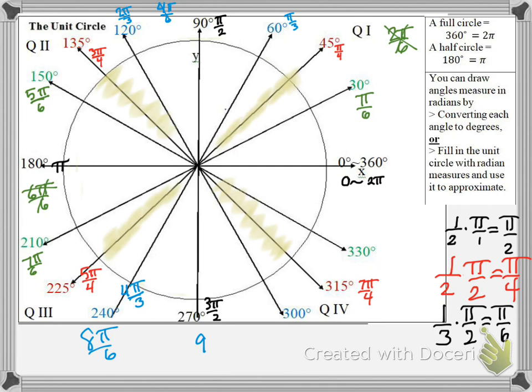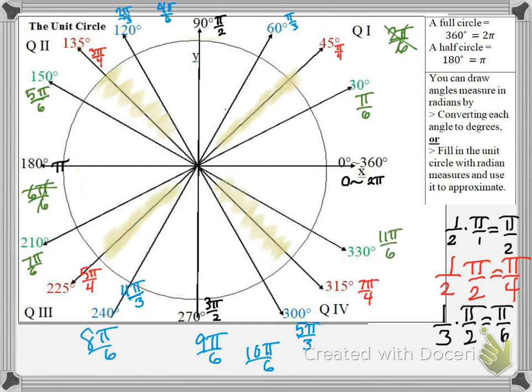Down here I have 9 pi over 6, which is going to reduce to 3/2. Then I have 10 pi over 6, which is going to reduce to 5 pi over 3. And then I have 11 pi over 6, which doesn't reduce.